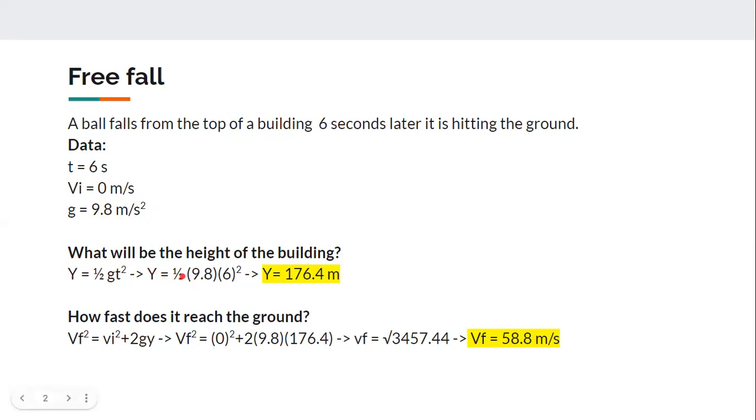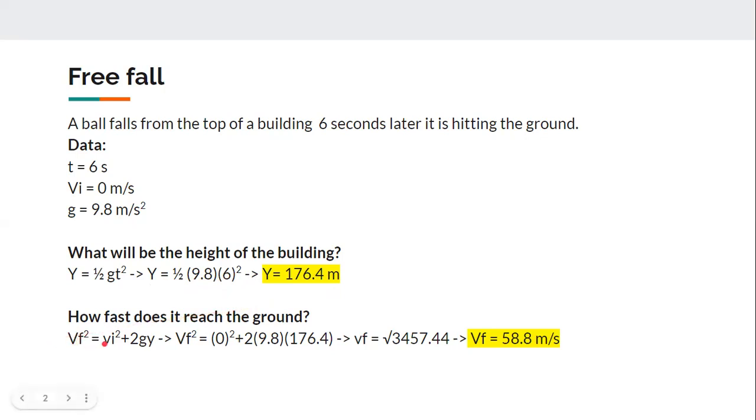Now, we know that the gravity is 9.8 and the time is 6. So we just substitute the information in the formula and we get that the height of the building is 176.4 meters.